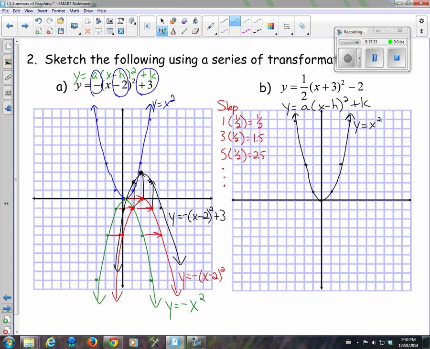So now I'm going to have the same vertex, but instead of going over 1, up 1, I'm going to go over 1, up a half, and over 1, up 1.5, and over 1, up 2.5, and thus making my parabola wider, a vertical shrink. So I have used the 1/2 x squared.